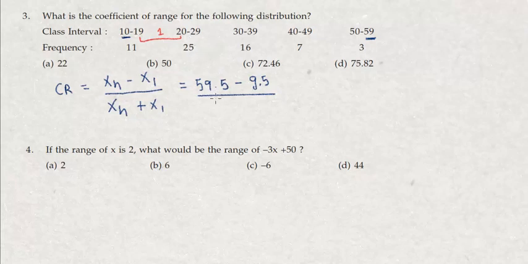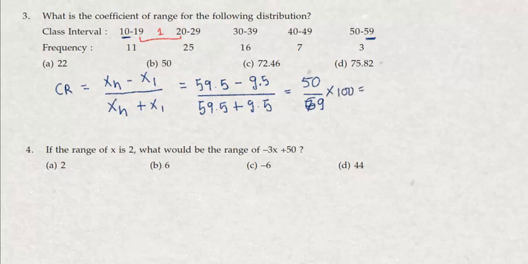So now it is clear to you. 59.5 minus 9.5 divided by the same 59.5 plus 9.5. So 59.5 minus 9.5 is nothing but 50. If we add 59.5 and 9.5, then it becomes 69, and we will also multiply by 100 to get our answer in percentage terms.